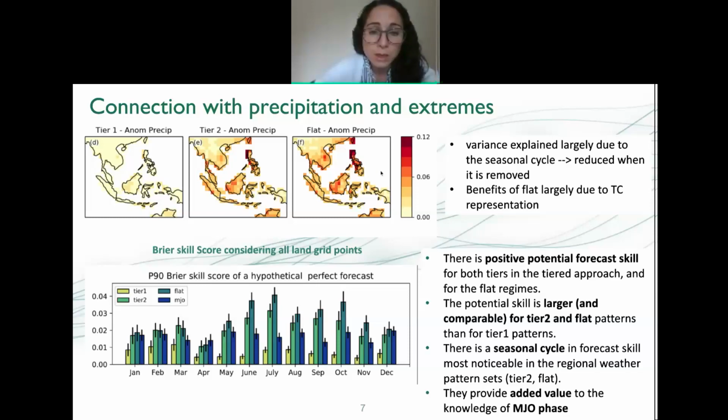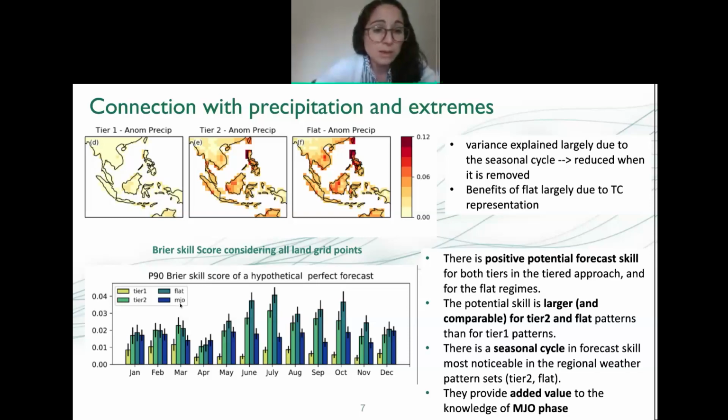But then if we actually want to focus on the extreme precipitation, what we did here on the bottom plot is to account for the Brier skill score of precipitation exceeding the 90th percentile, but under a perfect forecast hypothesis, where we assume that we have perfect knowledge of the regime in which we're at, and also of the seasonally varying phase of the Madden-Julian oscillation, because it's a known driver for variability over the region.